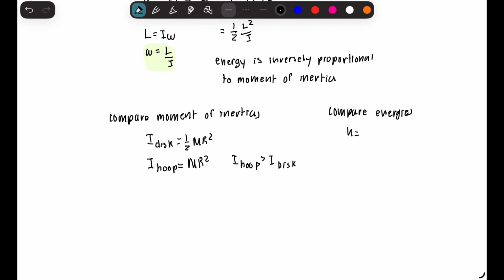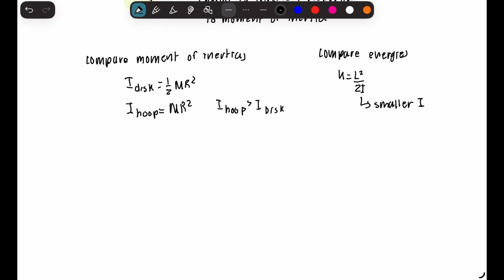Since we know that K is equal to L squared over 2I, that means that if I is bigger, because I is in the denominator, you're dividing a number by a larger number. And if you do that, it causes the overall fraction to be smaller.